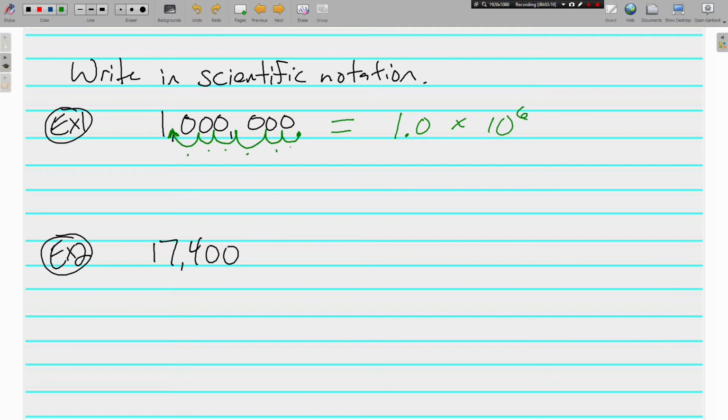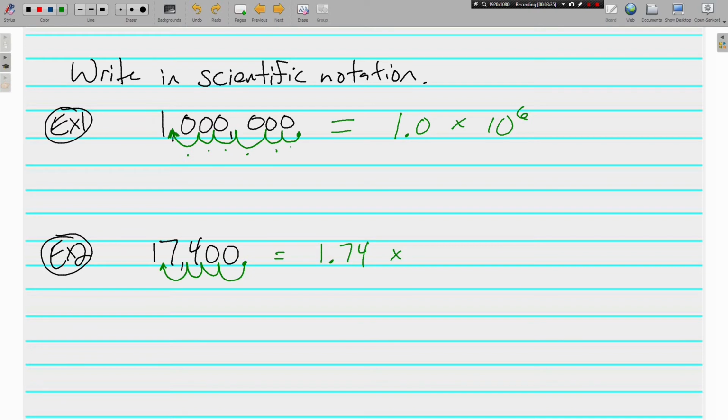Here's another. The decimal point's on the right, and it's going to have to be moved 1, 2, 3, 4 times so that we get a number that's at least 1 but less than 10. So we have 1.74. I'm going to include all of the non-zero digits.